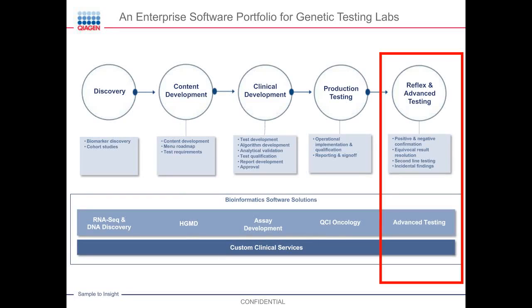QIAGEN Bioinformatics likes to bring a software solution for all needs of a genetic testing lab. So from the discovery of new findings, which often occurs in academia, to the testing of patients for specific mutations, but also, and that is mainly what we talk about today, the advanced testing part where you actually go back like in a research setting and investigate what could cause a specific disease.